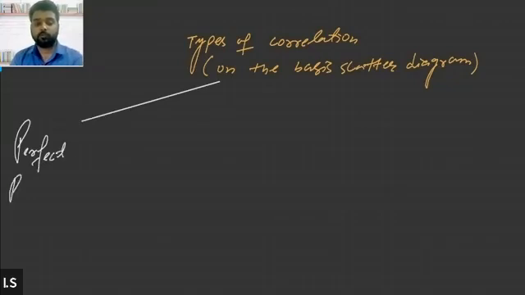Perfect positive correlation means the dots are going upward and all the dots are falling almost in a line. In that case we call it a perfect positive correlation.